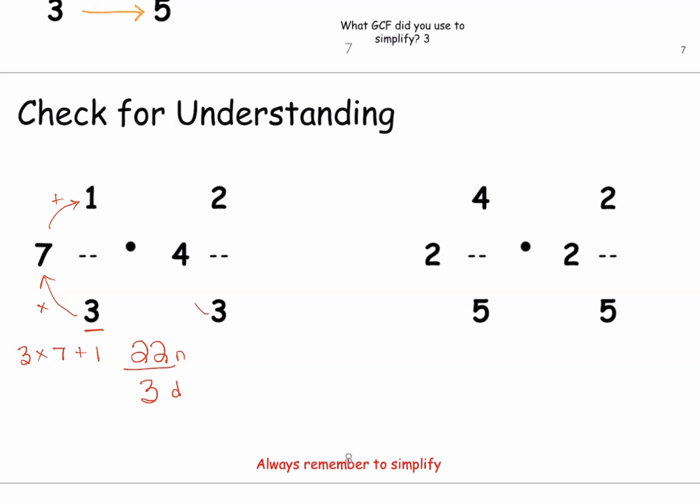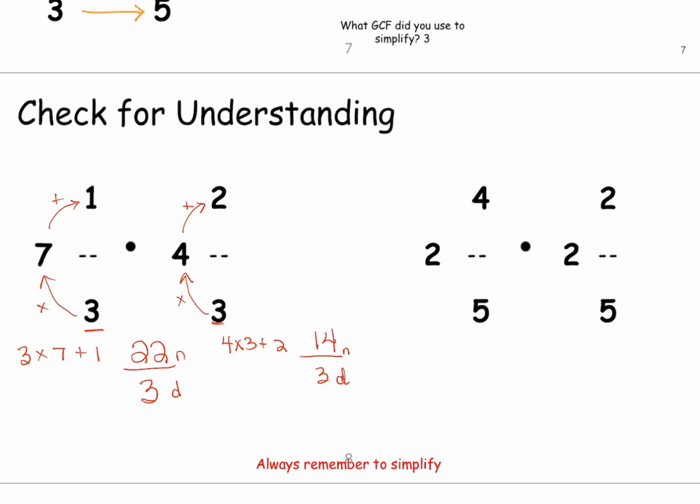The second, 4 times 3 plus 2. 4 times 3 plus 2 is written in our numerator position, and our same denominator we keep, 3 in our denominator position. 4 times 3 is 12, plus 2 is 14.